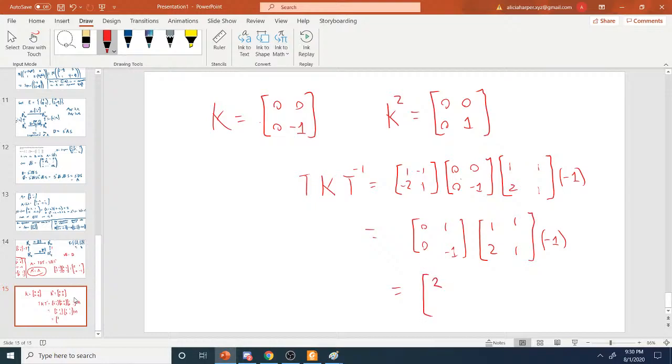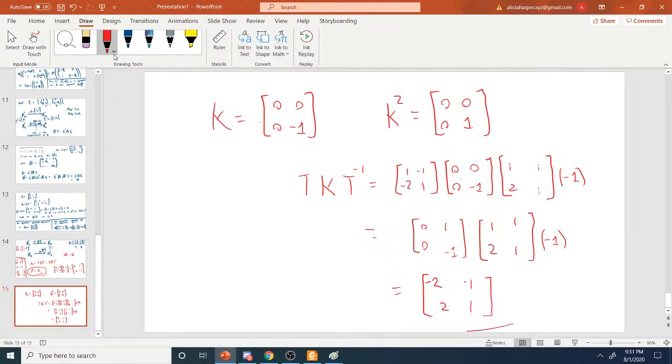I get 2 here. Actually, I get negative 2 here because of this negative sign. I get 2 here, and then I get negative 1 here, and then I get positive 1 here.